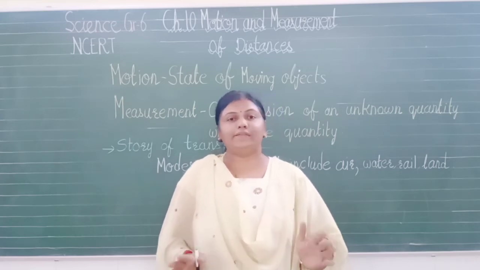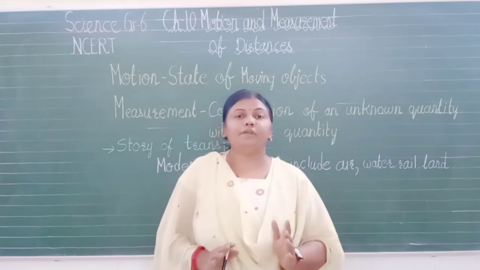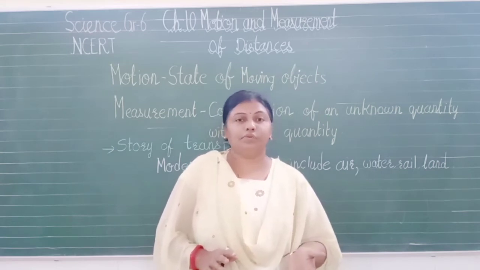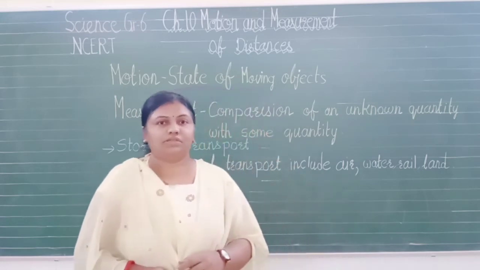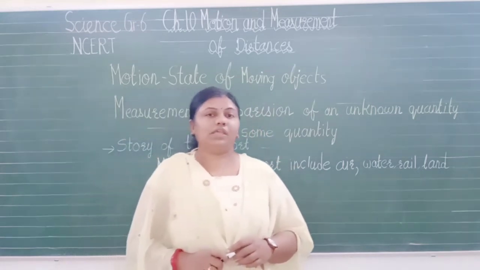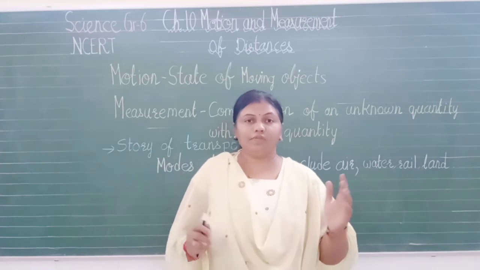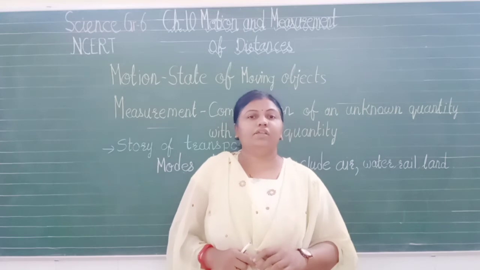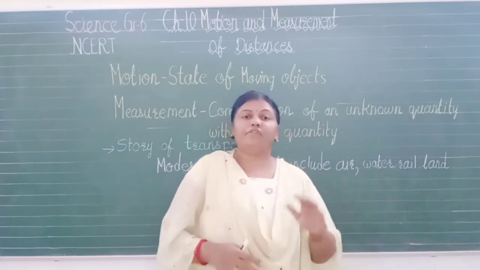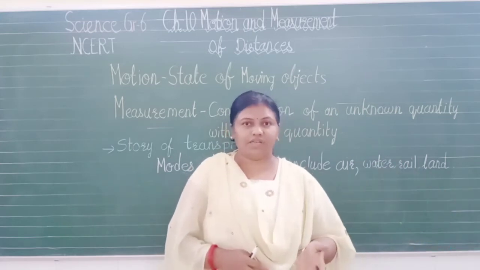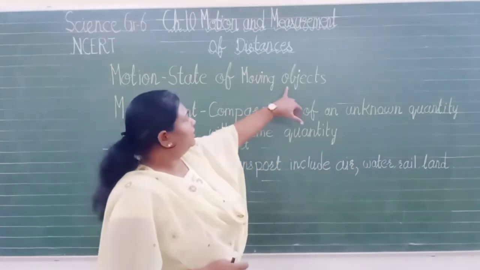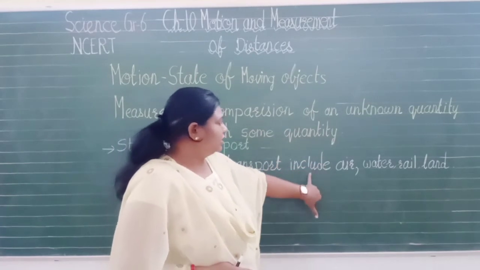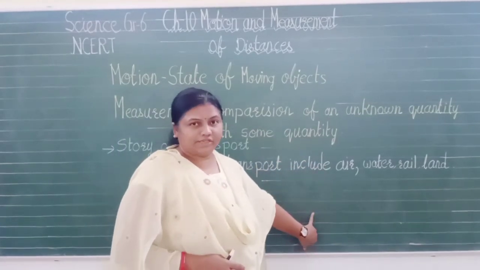Now how to measure? Okay, previously there were no tools or instruments to measure distance. If you want a desk for writing, how would you say how big it should be? With the help of hand span they were measuring. Or the size of the cloth is this much, 1, 2, 3 and 4 hand spans.